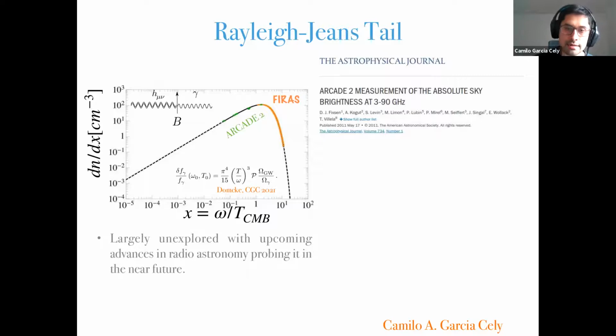Okay, so in this Rayleigh-Jeans tail, as of today, the most important constraint is given by ARCADE 2, which was a mission from last decade that measured the CMB spectrum in this part, and it found really a spectacular agreement with the Planck black body formula.